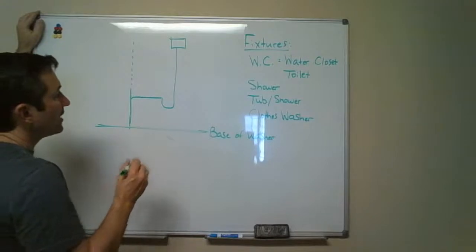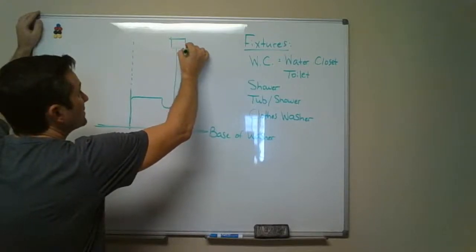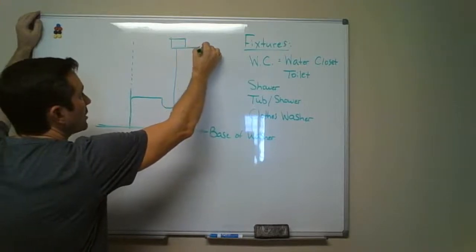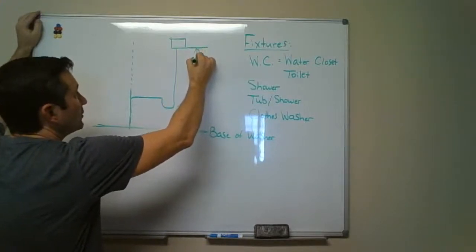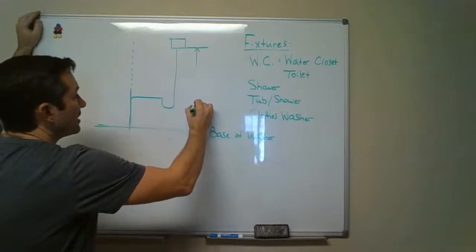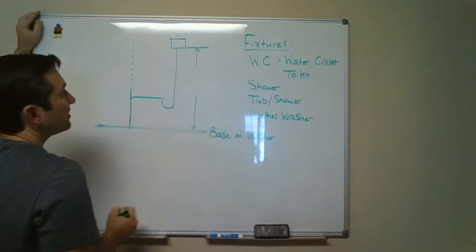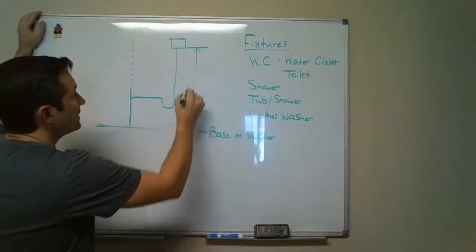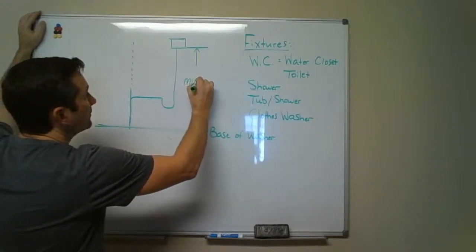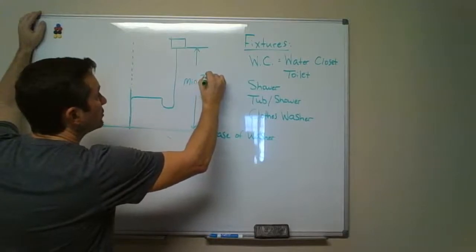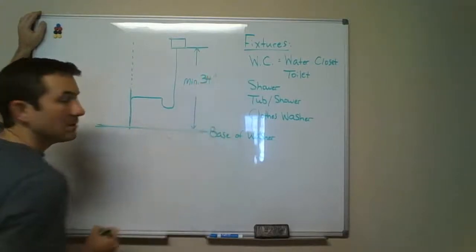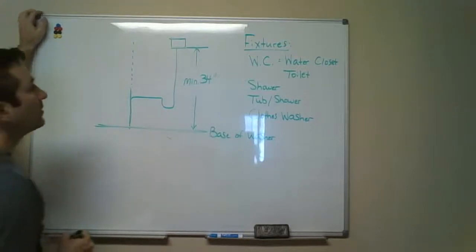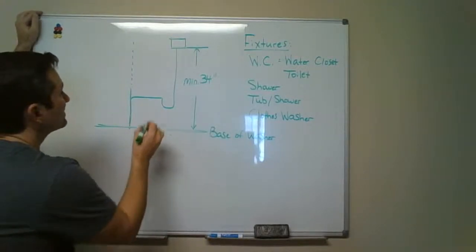Let's look at some rules, some heights of all these pipes. What this code says is, this pipe right here is called a standpipe. A standpipe goes to the bottom of this washer box, which if you looked in your laundry, you'd probably see. The height of that from the base of the clothes washer is a minimum of 34 inches. Minimum of 34 inches. All right. Now, there's also some more measurements in here.